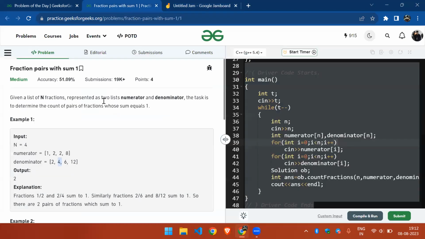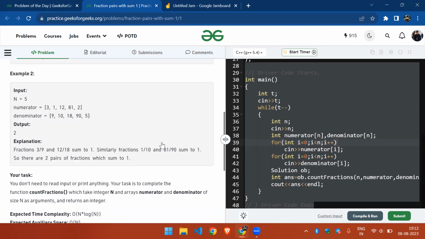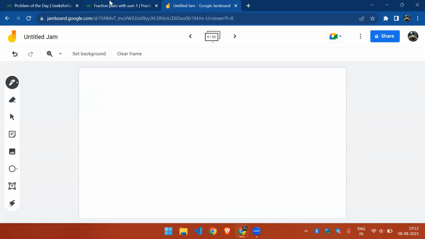Then we'll be using a map, since if you look at the topic tags, we have been suggested to use a map. We can use an unordered map in order to keep track of the other element. For example, if we have 1 by 2, we can search for the other pair which makes the sum 1.